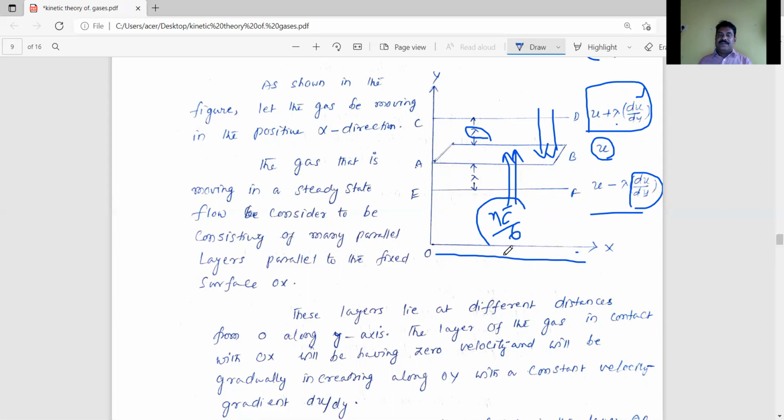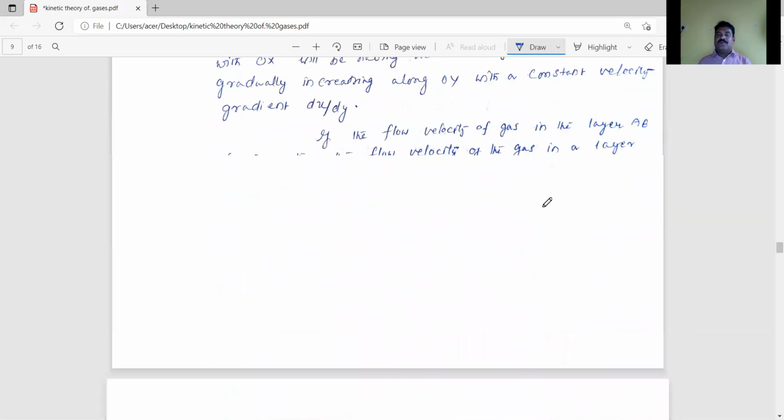This is what is assumed by Joule. So, the number of molecules crossing the layer from the upper layer to this layer and from the lower layer to this layer will be n c bar by 6. You should use this equation in the derivation of eta. This is a very, very important point.